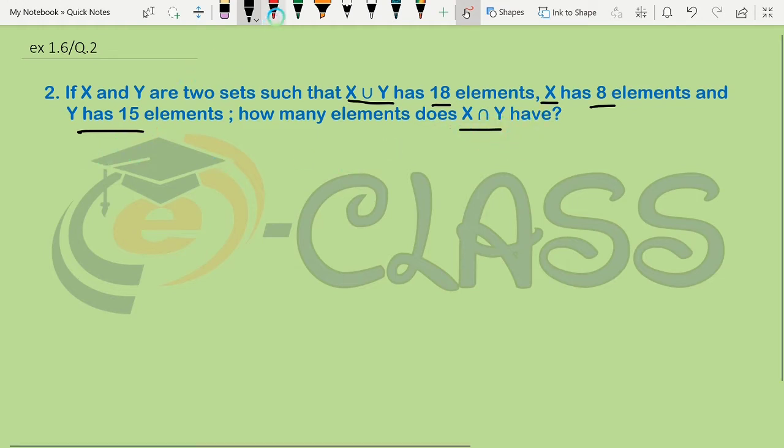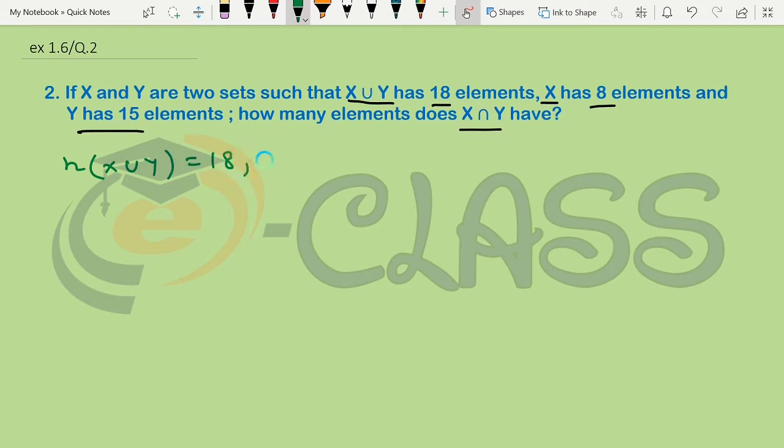So we are given that the number of elements in X union Y equals 18. This is similar to question number 1. The number of elements in X equals 8 and the number of elements in Y equals 15.